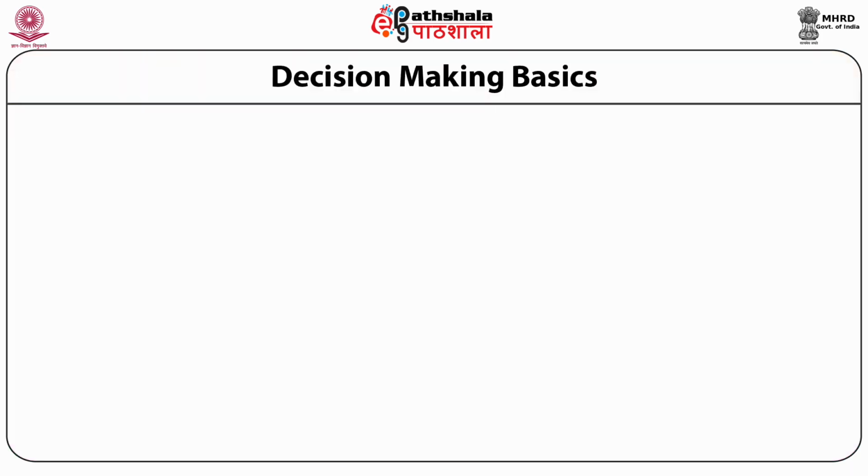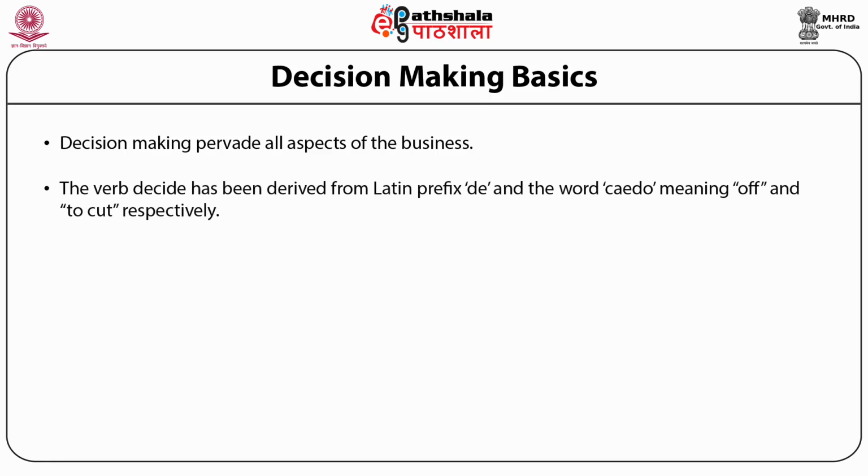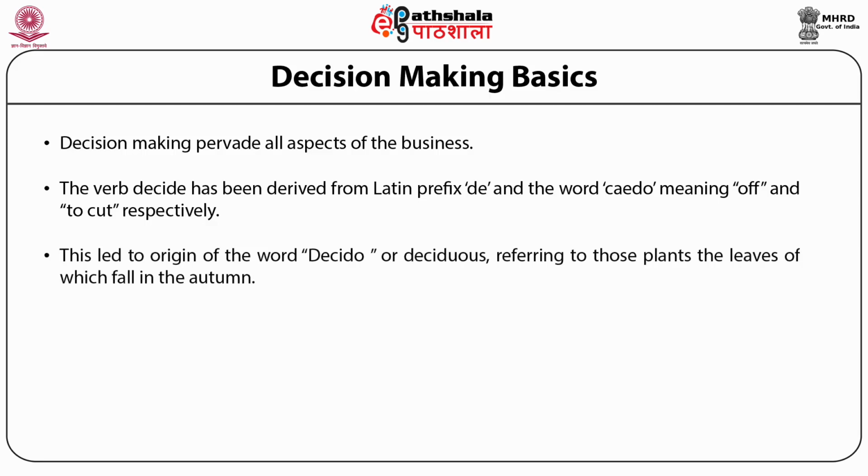Decision making basics. Decision making pervades all aspects of business. The word decide has been derived from the Latin prefix "de" and the word "cedo", meaning "of" and "to cut" respectively. This led to the origin of the word deciduous, referring to those plants, the leaves of which fall in the autumn.